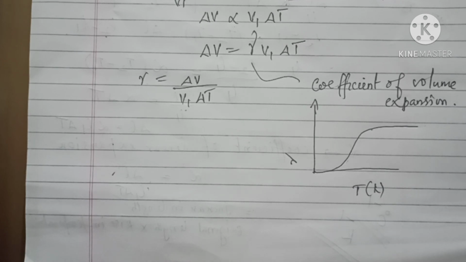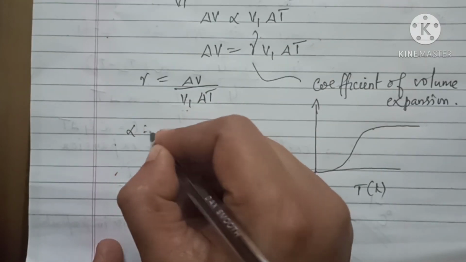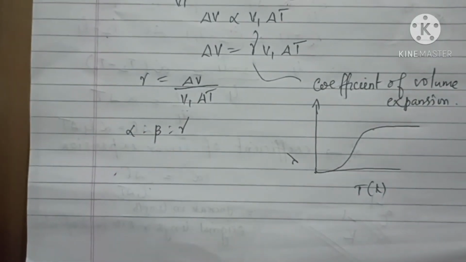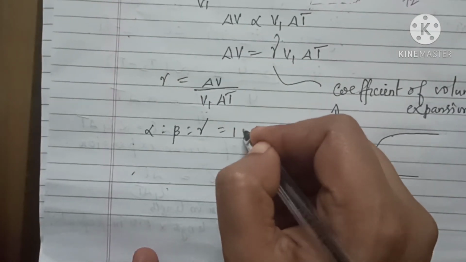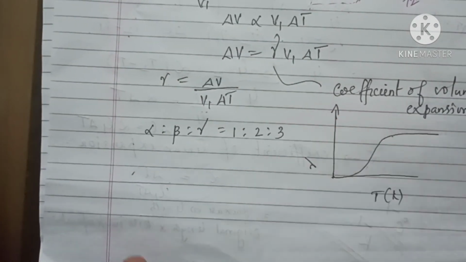Now there is a relation among the coefficients of expansion. That is, the ratio is given as alpha is to beta is to gamma is equal to 1 is to 2 is to 3.